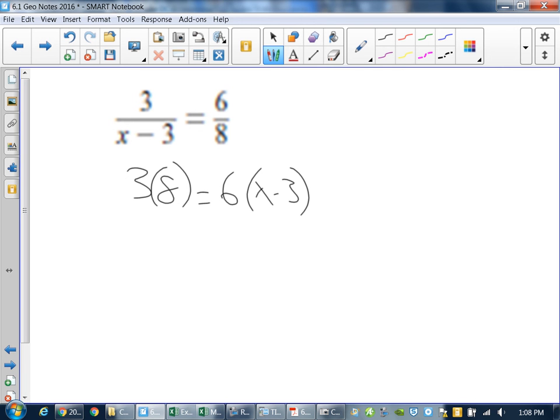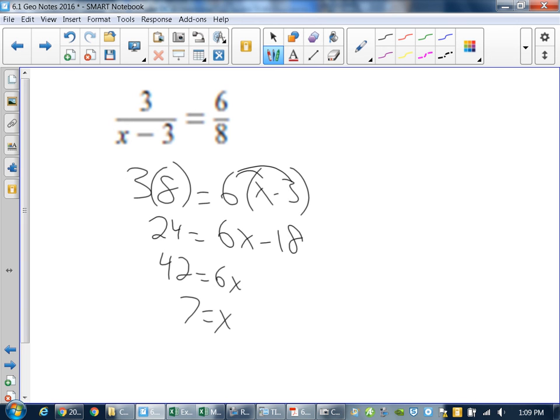Draw little arrows, do whatever you can to help remind yourself, because that's usually where you guys will mess up. You forget to do both parts. So 24, 6x minus an 18. Yep, add the 18 over, we get 42. Divide it out, we get 7. Okay.